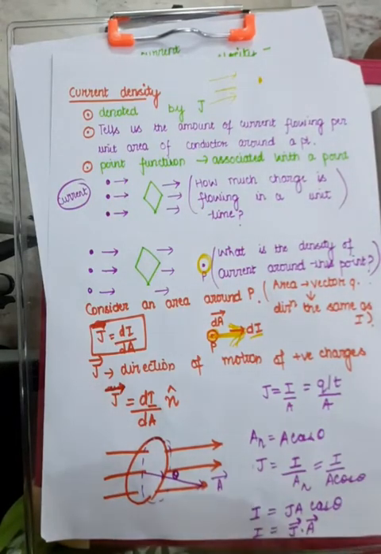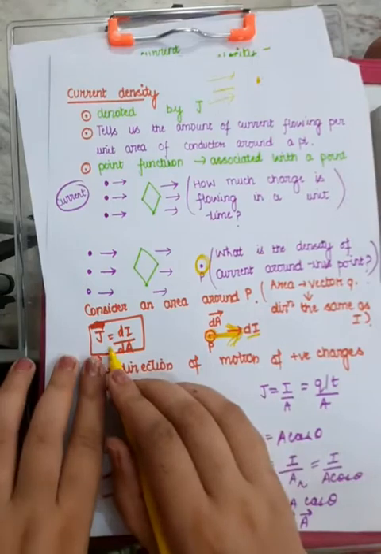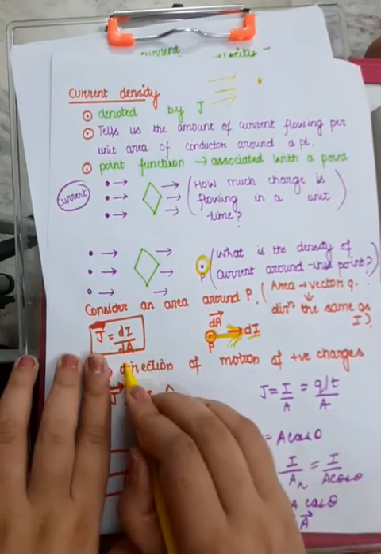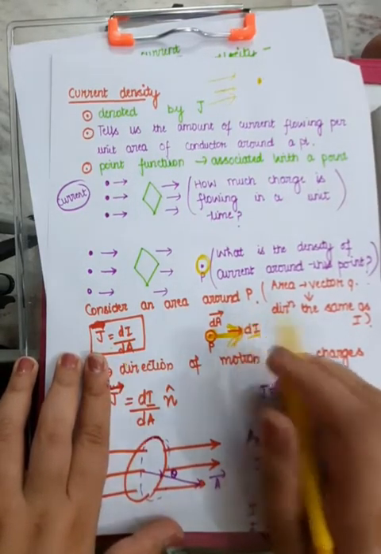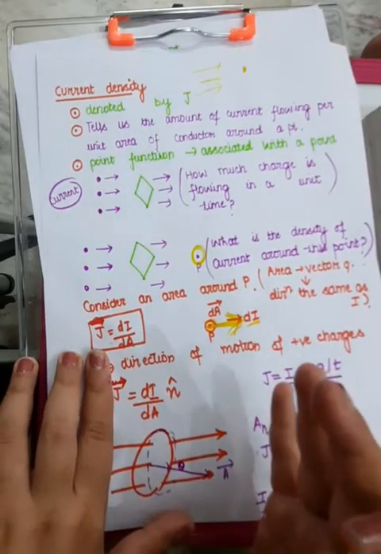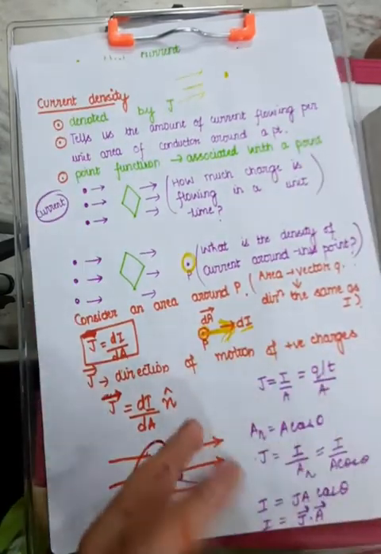That will give you current density. So basically current density is equal to di by dA, where di refers to the small amount of current flowing through this area dA.